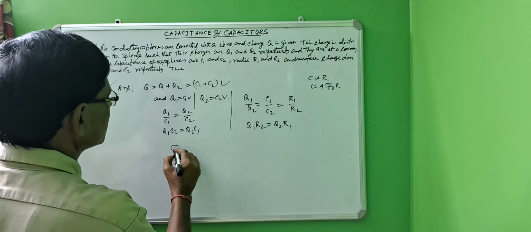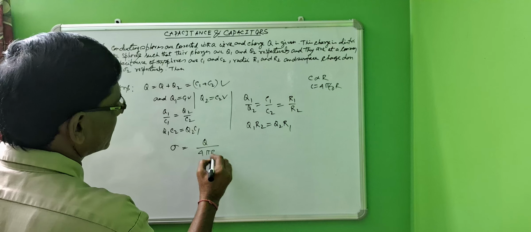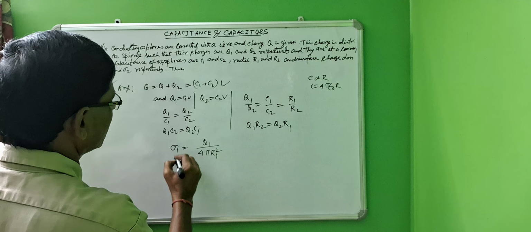Again sigma equals Q upon 4 pi R square.